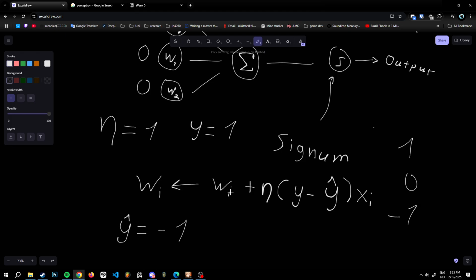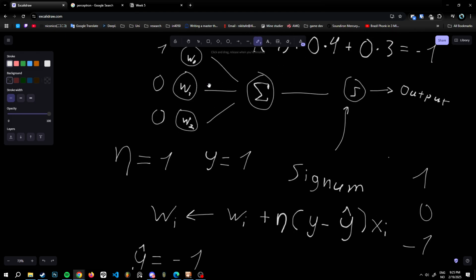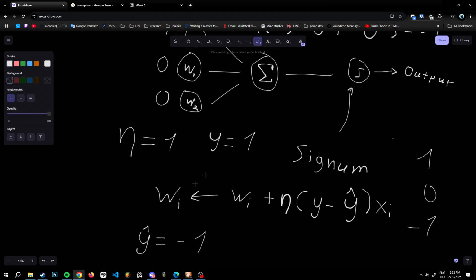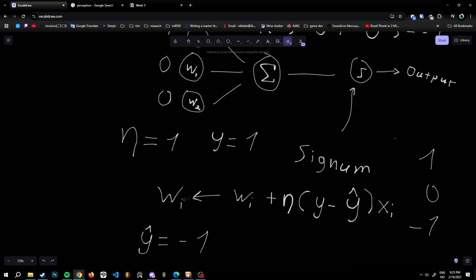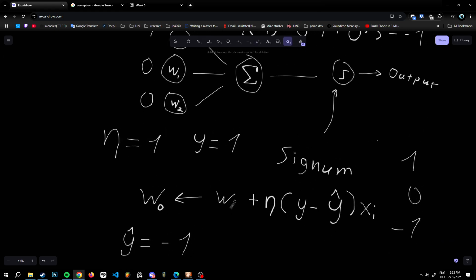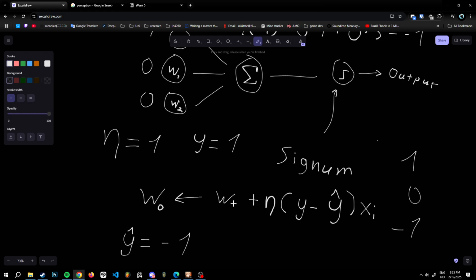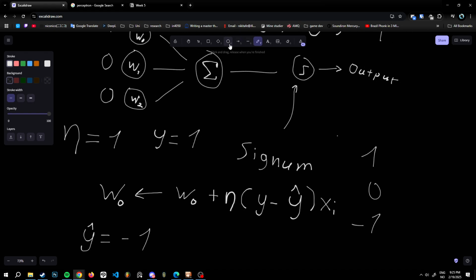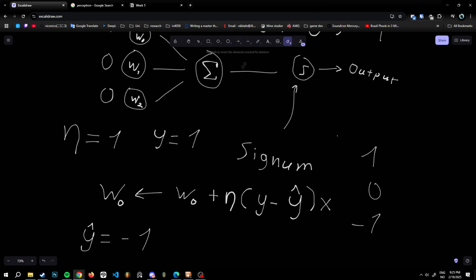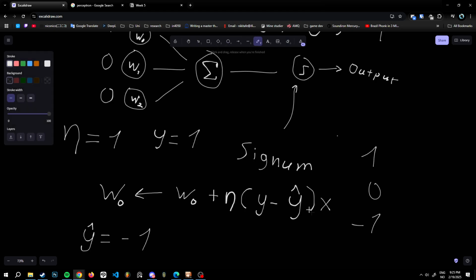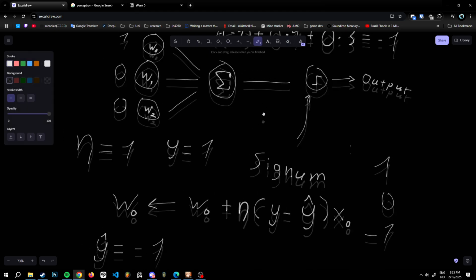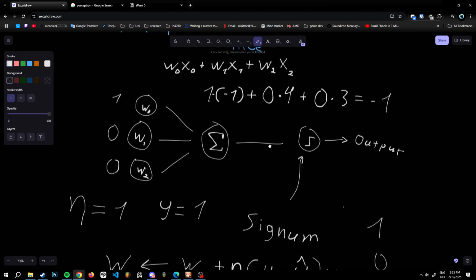And in our case, let's actually start doing that. We have weight 0 here, and we have x0 here.